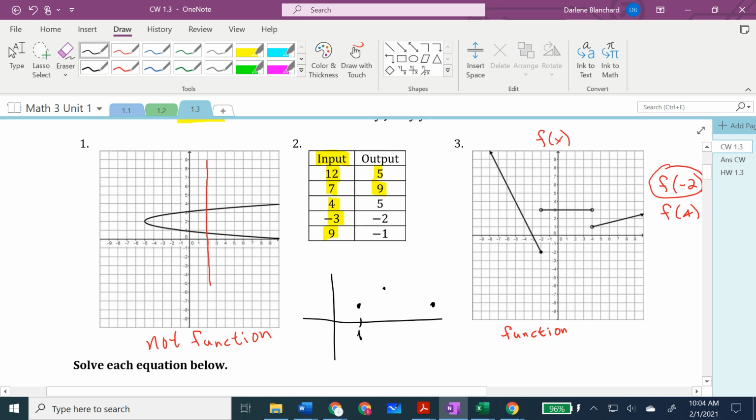One of them is 4 for the x, the other one is 12 for the x. And then I can continue plotting the other points, -3, -2. I'm just going to guess to plot. And then 9, -1 is not quite as far down.